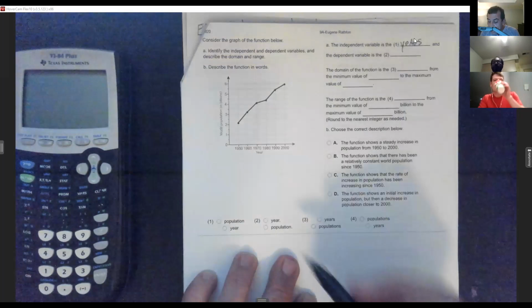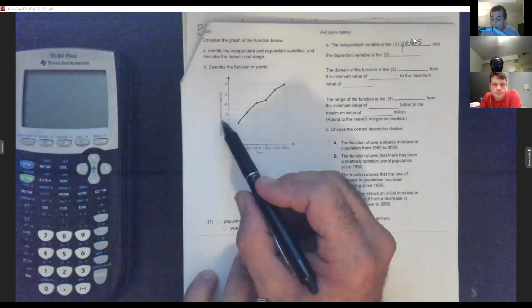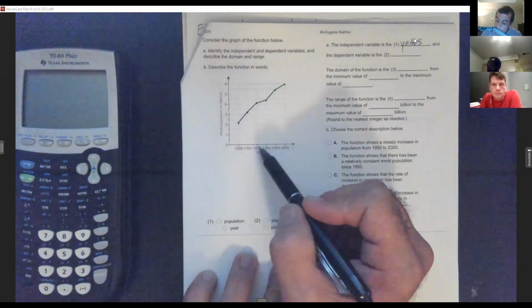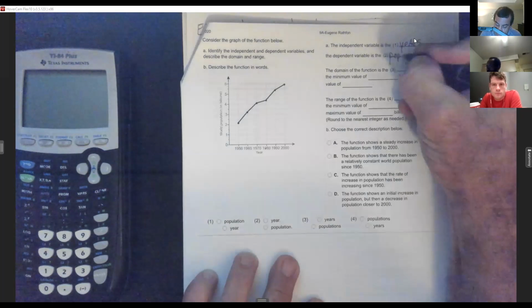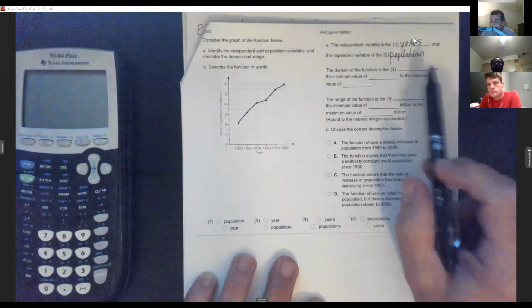And then the population over here is the dependent variable because the population looks like it depends on what year it's in, right? So population over here. So you'll put them in. It should ask you to check that answer or not.